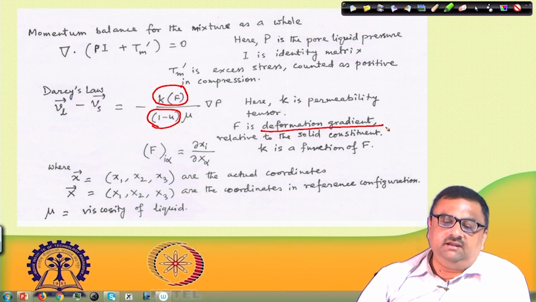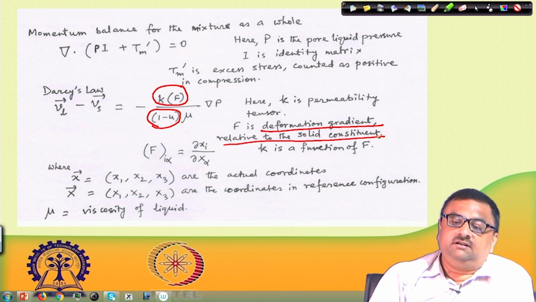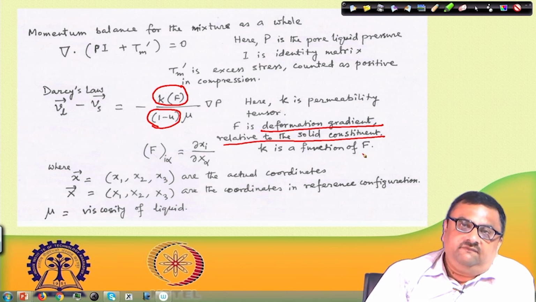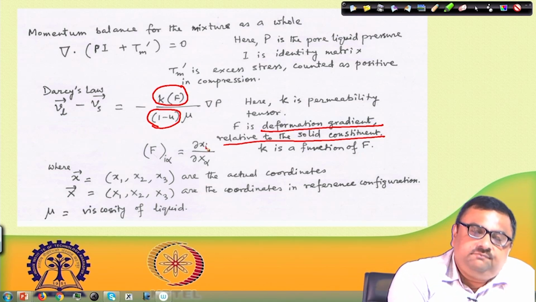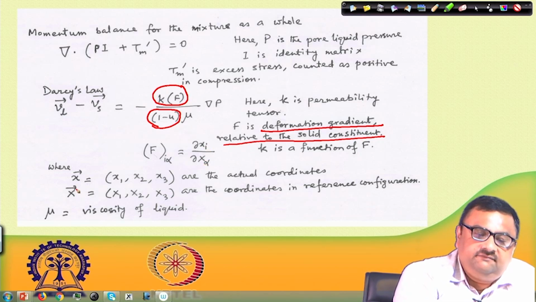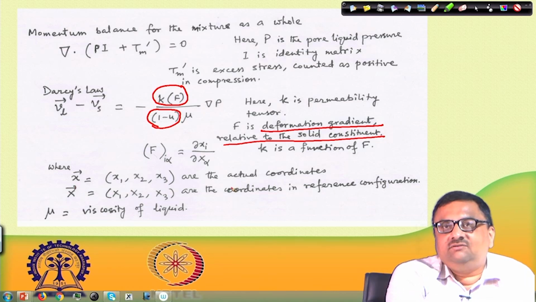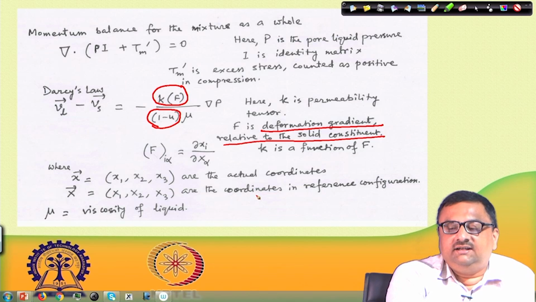Deformation gradient means deformation gradient relative to the solid constituent, and so K is a function of F. So, this deformation gradient F can be written as del small x del capital X. So, we have a system here small x which are based on the actual coordinate and capital X which are the coordinates in reference configuration.